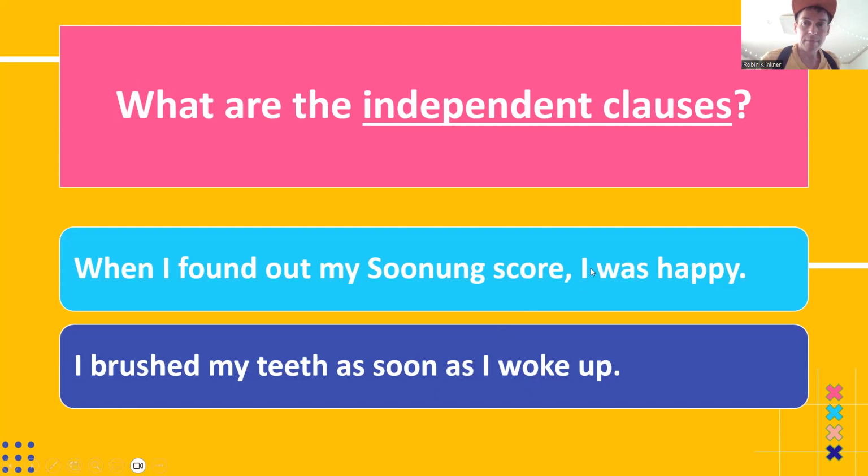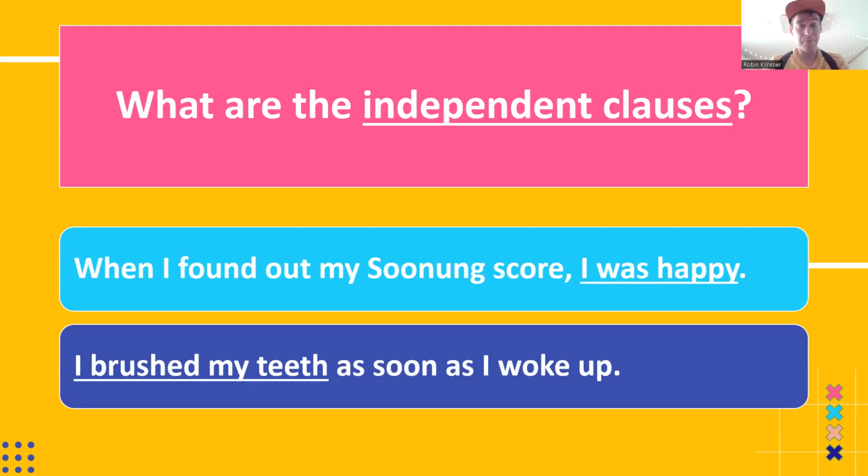So in the top one, I was happy is the complete thought. How about in the bottom one? I brushed my teeth. That's one clause. As soon as I woke up, that's the second clause. What's the complete thought? I brushed my teeth. So those are independent clauses.